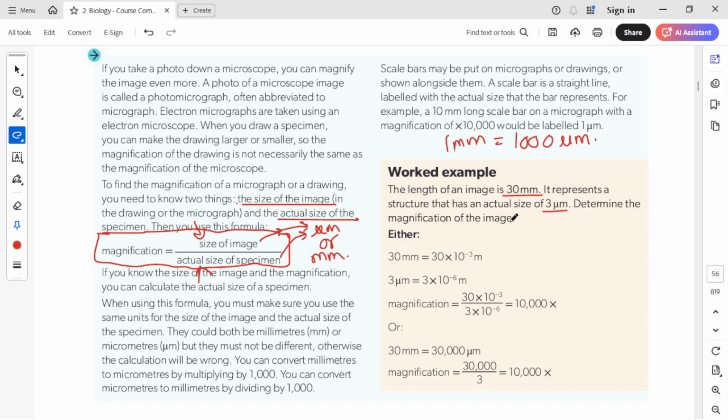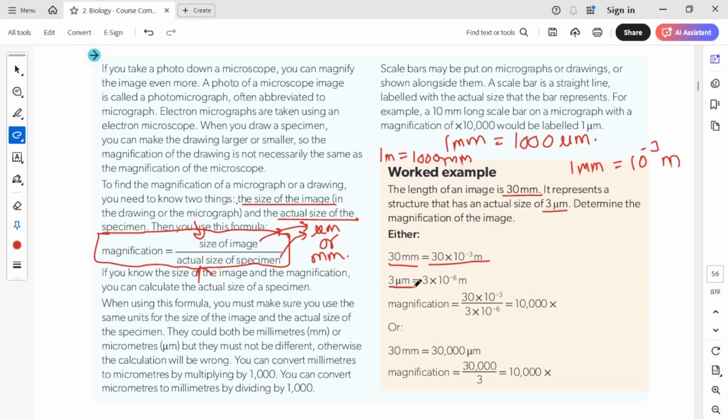So what we will do, we will convert basically. Here the person has actually converted both of them into meters. Since we know that 1 meter is equal to 1000 millimeters, so we can also say 1 millimeter is equal to 10 to the power minus 3 meters. So if we have 30 millimeters, then the size will be 30 into 10 to the power minus 3 meters.